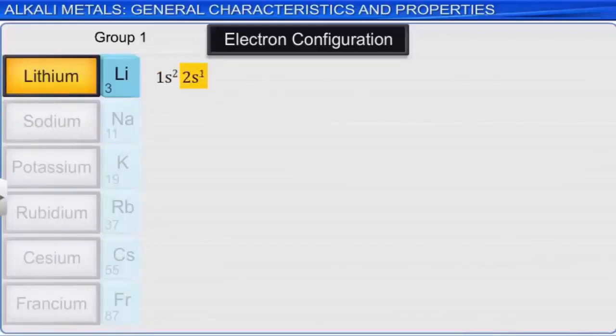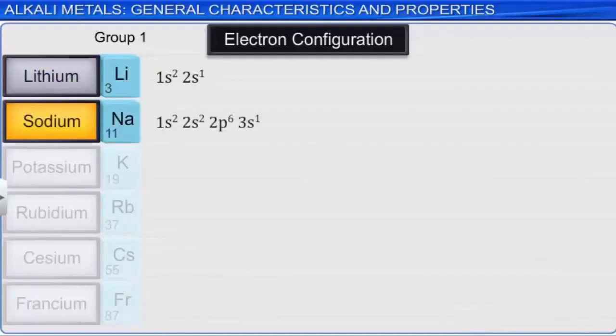The next element found in the 1s block is sodium. Sodium's atomic number is 11. The electron distribution is given like this: 1s2, 2s2, 2p6, 3s1. Up to 2p6, we can take an inert gas, neon.